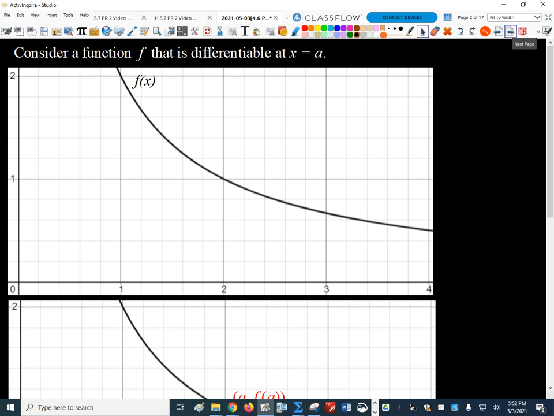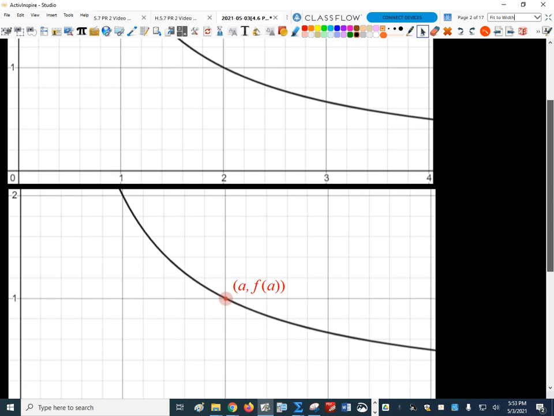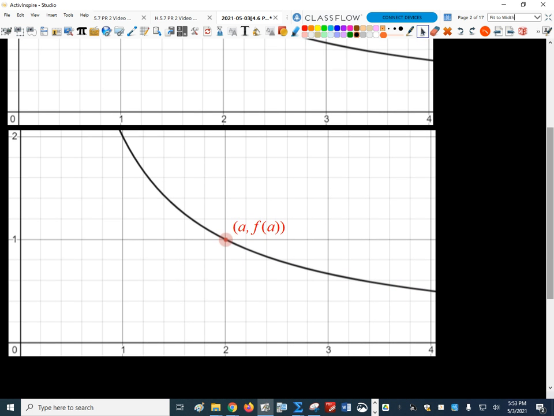So the idea is that if we've got some function f that's differentiable at x equals a, so it's continuous and there's no sharp corners, then in the neighborhood of a, for values of x that are close to a, this curve is approximated by a line. And so a linear approximation is a quick and easy way to approximate the values of the function in this region around a. Okay?